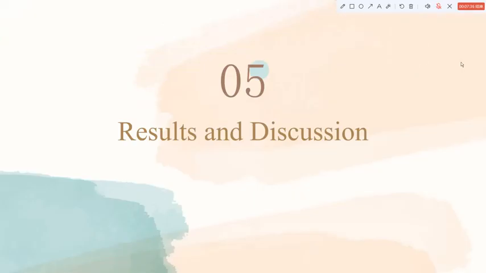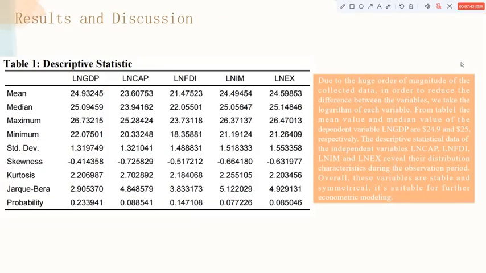Next is the 5th part, results and discussion. From Table 1, we can see the descriptive statistics. Due to the huge order of magnitude of the collected data, in order to reduce the difference between the variables, we take the log of each variable. From Table 1, the mean value and median value of the dependent variable log GDP are 24.9 and 25 respectively.